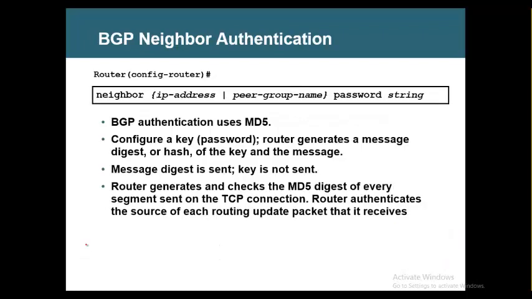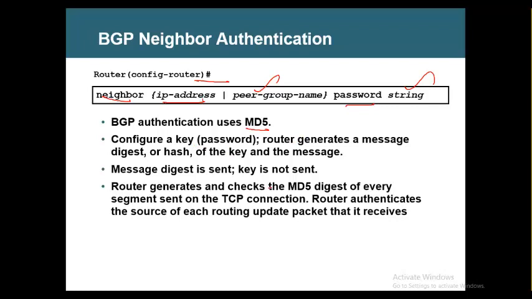Now, authentication in BGP is very straightforward. No need of keychain or anything like that. Simply go under router BGP and say neighbor IP address, or group of neighbors, peer group, password, and then the password that you want to use. You type the password in plain text, and it will automatically be sent in MD5 format, encrypted authentication, hashed values.